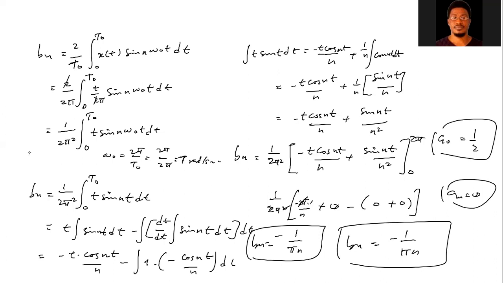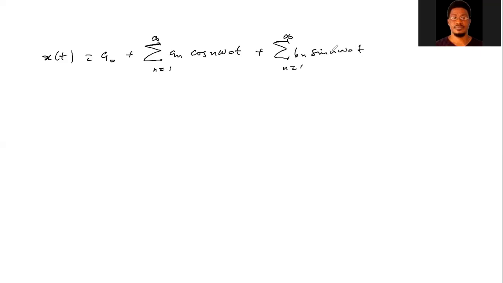That is, we know that S of t is the same as A naught plus sigma n equal to 1 to infinity An cos n omega naught t plus sigma n equal to 1 to infinity Bn sine n omega naught t.